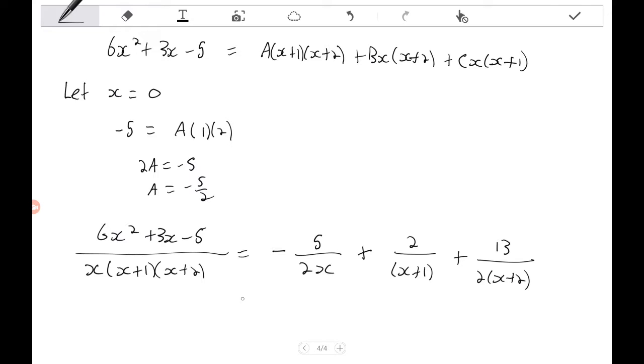And there you have it. We have now successfully split our fraction into 3 partial fractions. That's partial fractions. That's basically what we've got.